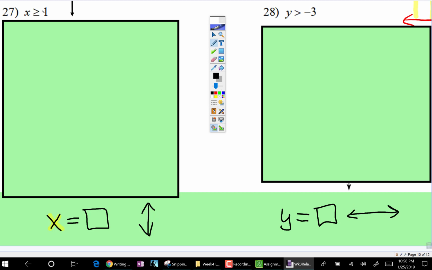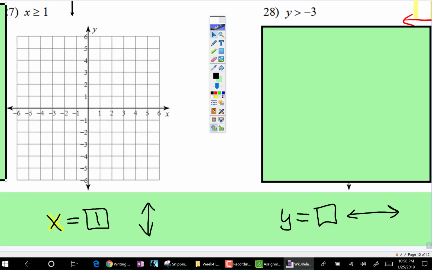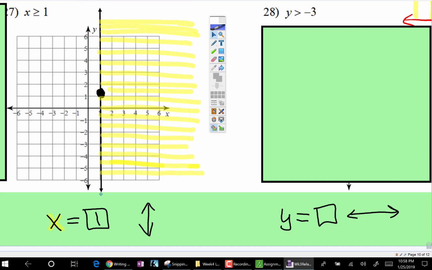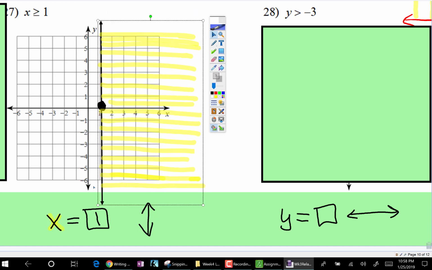So we're going to treat that like it says x is equal to 1, and we're going to draw a vertical line at 1, and then look, this says x is greater than or equal. Well, if you're looking right here, since it's x greater than, the x's get bigger going in this direction. So you just do this.